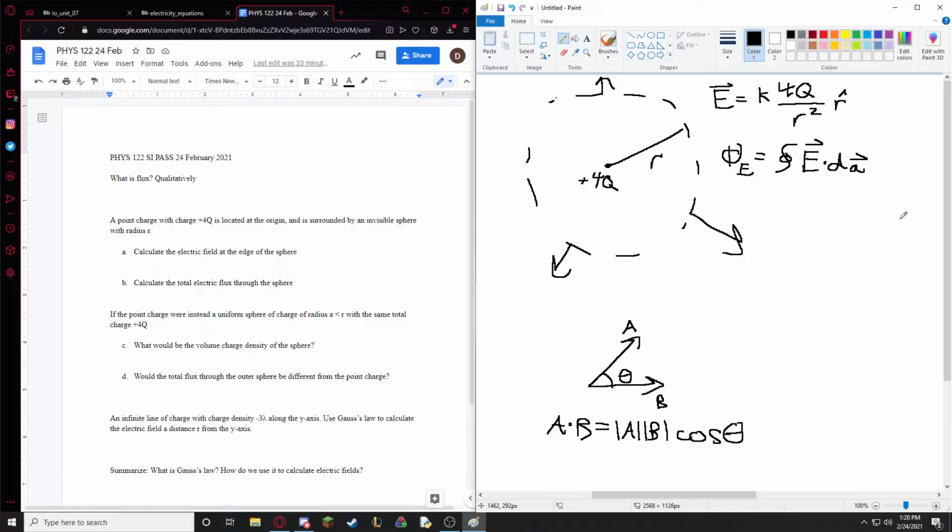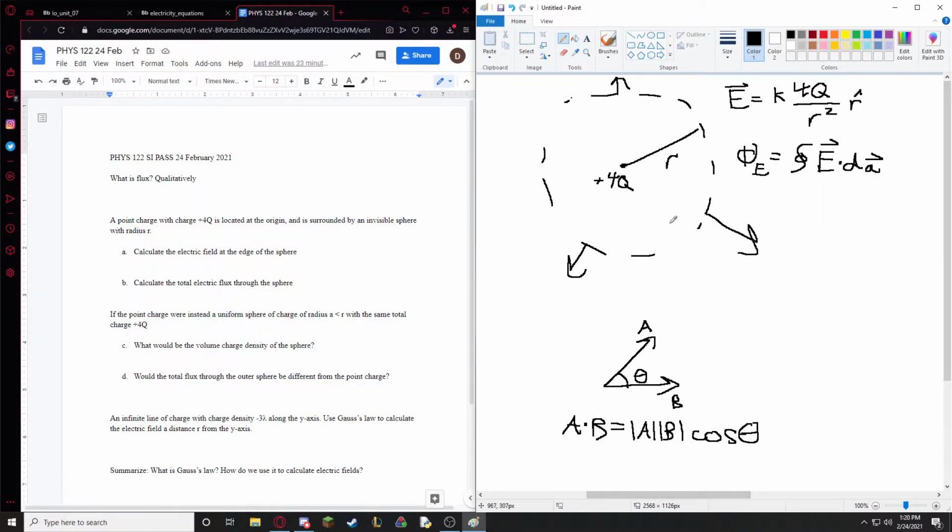Because remember we said before, our area vector is always outward from the center, and it's always perpendicular to the surface. So for a sphere, that's just radially outward, dA, at every given point. So that means the angle between E and dA is just 0.